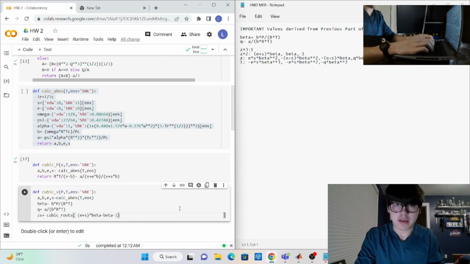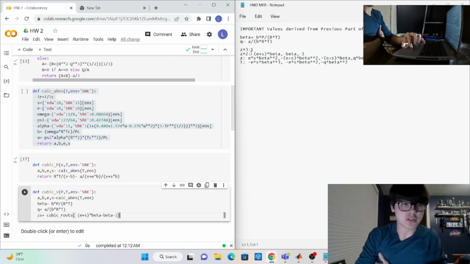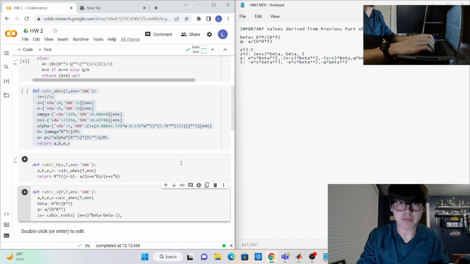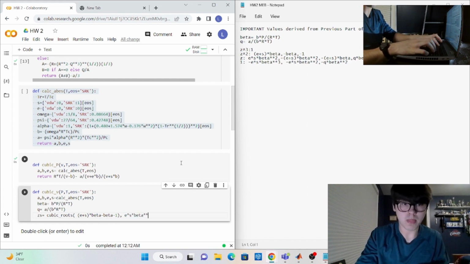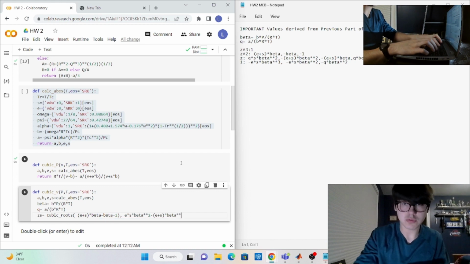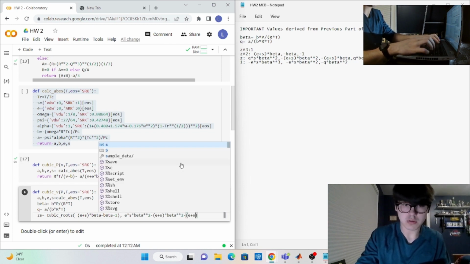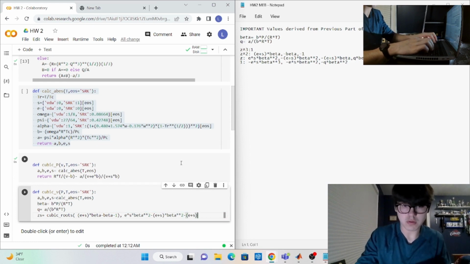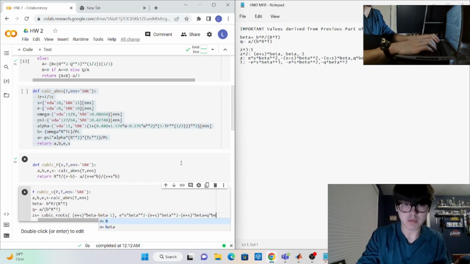So we had the Z squared function down. Now we have to add the other part of it. E times S times beta squared, minus E plus S times beta squared, minus E plus S times beta plus Q times beta.